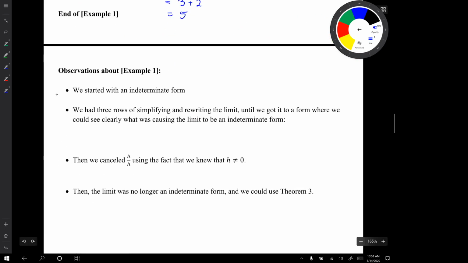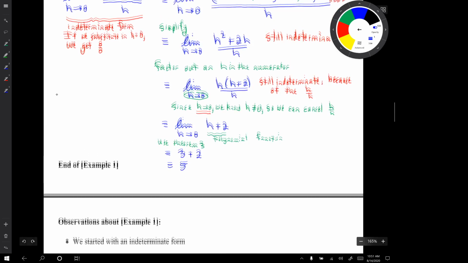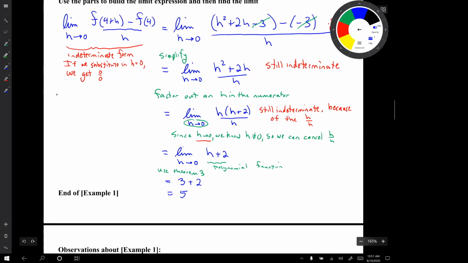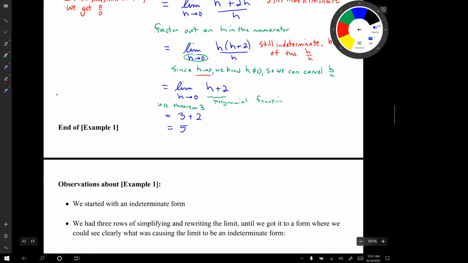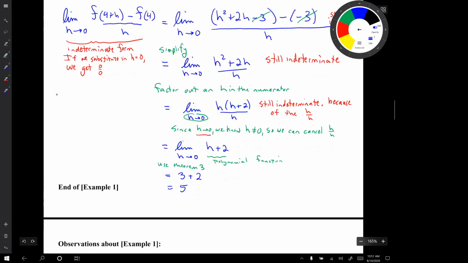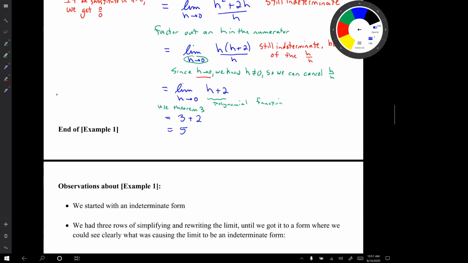Now let's make a couple of observations here. Sorry, let me go back up to this. Our first observation is that we started with an indeterminate form, and we simplified the expression, rewrote it until we got a form where we could see very clearly what was causing the limit to be an indeterminate form.